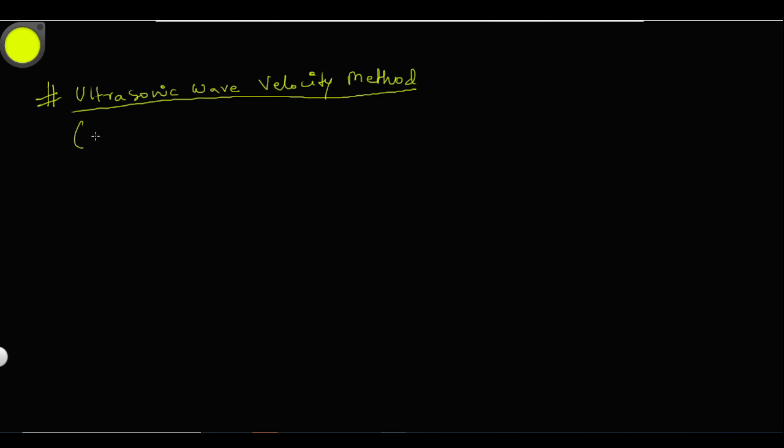In the ultrasonic wave velocity method, it is used to find surface, subsurface and internal defects also.